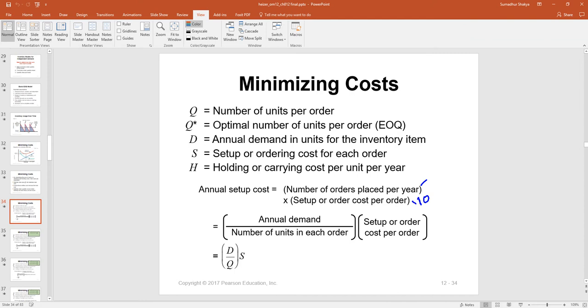Now this is the annual demand, D. Number of units in each order, let's say if you were to divide that, you will get the number of orders placed. So number of orders placed is the annual demand divided by the number of units in the order.